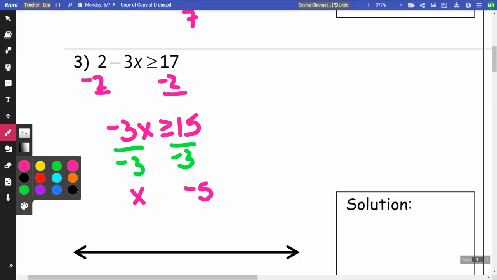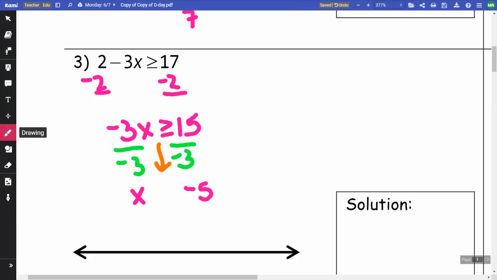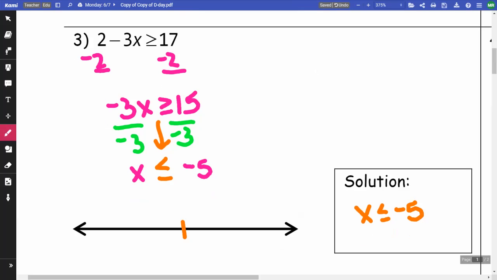And when you divide by a negative, I need to switch the direction of my inequality. And so I'm going to have x is less than or equal to -5. So I'm going to have a -5 solid dot. And I'm going to be shading to the left, as I want x's that are smaller.